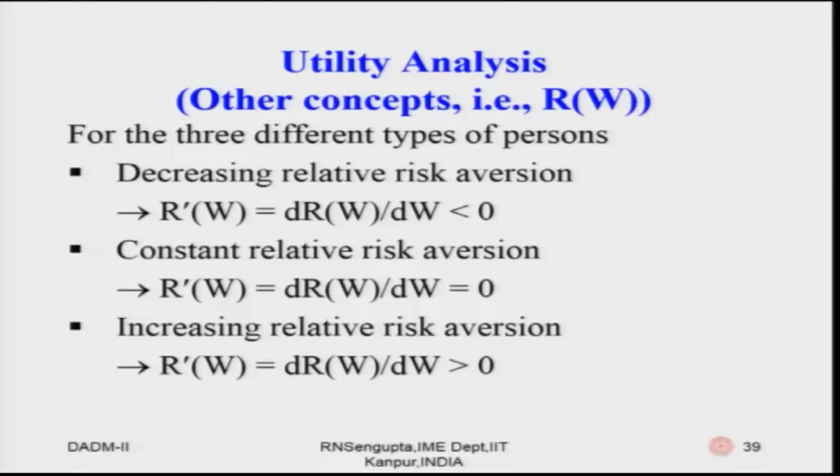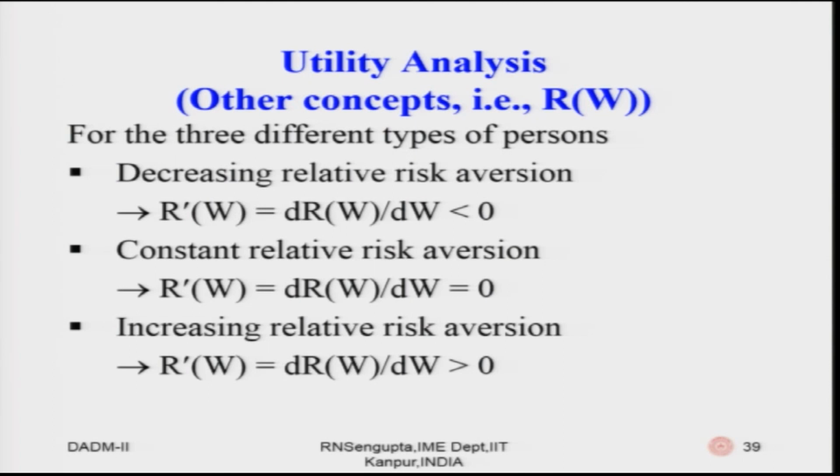Now, in a similar fashion, we will follow the same logic as we did for A. For the 3 different types of person which we have, decreasing relative risk aversion property would mean that R prime, which is d of R w by d w, is less than 0, constant relative risk aversion property would be R prime equal to 0, and increasing relative risk aversion property would be R prime greater than 0.